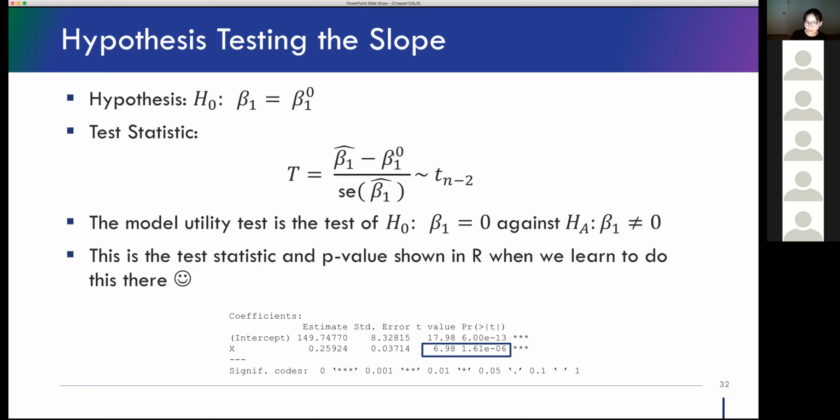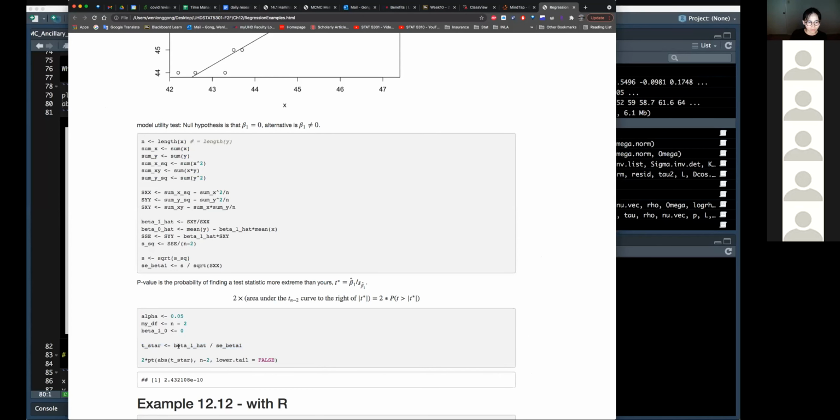Remember, this is 0, so it just comes back to beta 1 hat divided by the square root of the variance. This is why it's beta 1 hat divided by this, because we just minus 0 here, it's just gone. So this is how you get the test statistic.